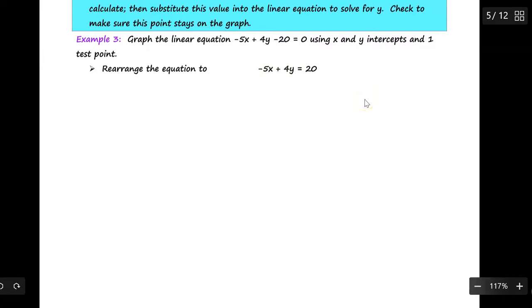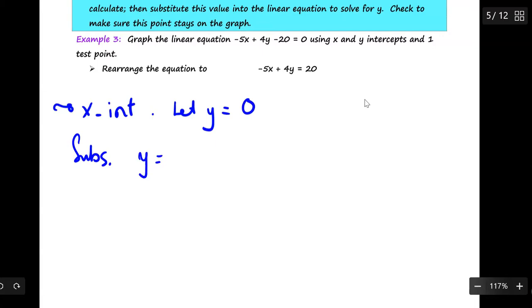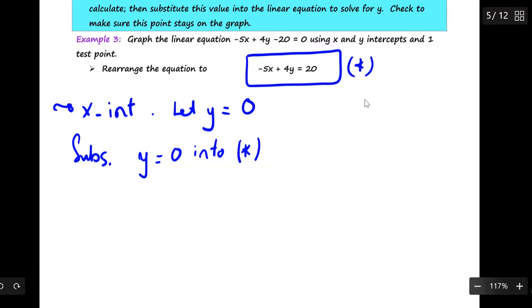Okay, so first of all, we are going to find the x-intercept. So what does that mean by x-intercept? I have to let y equal to 0. So that means I'm going to substitute y equal to 0 into this equation. I'm going to label this equation as the equation star, to solve for x.